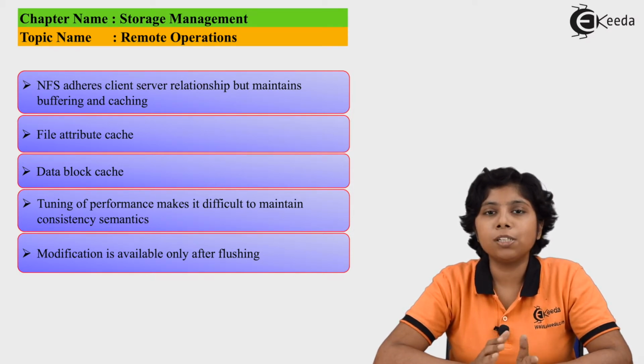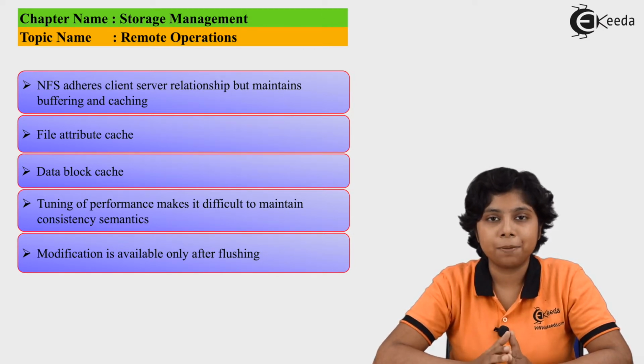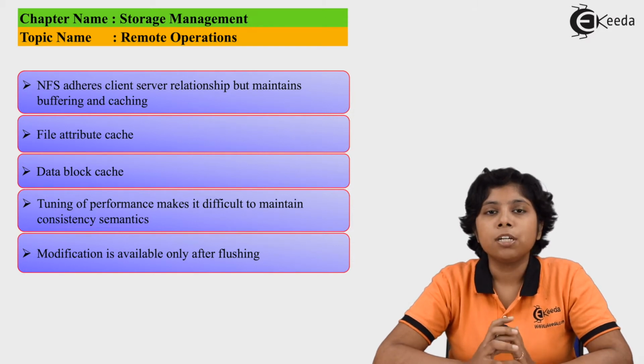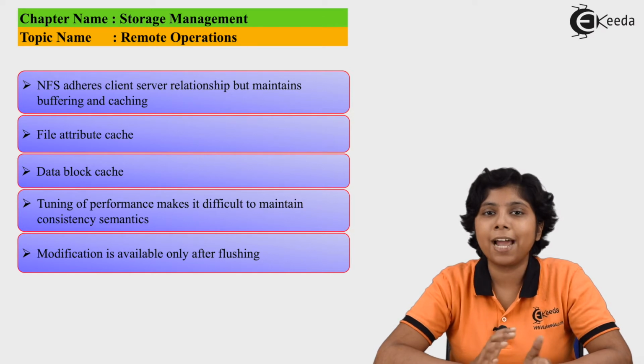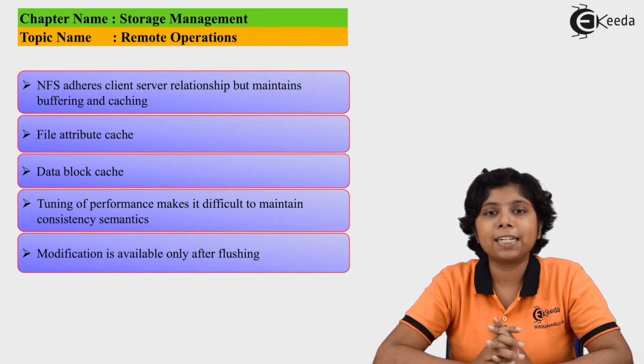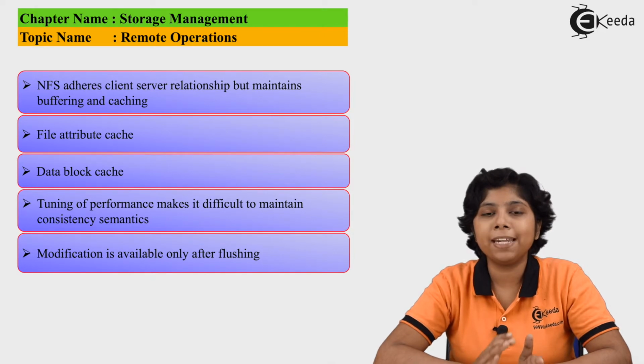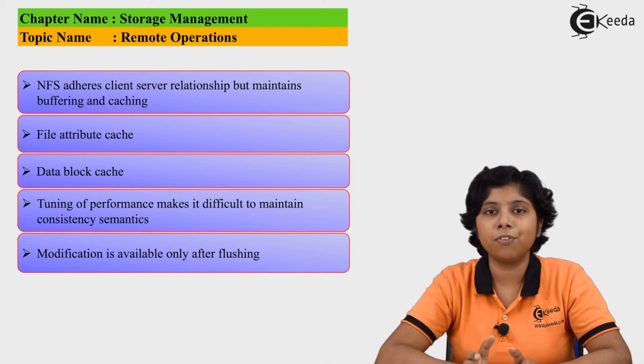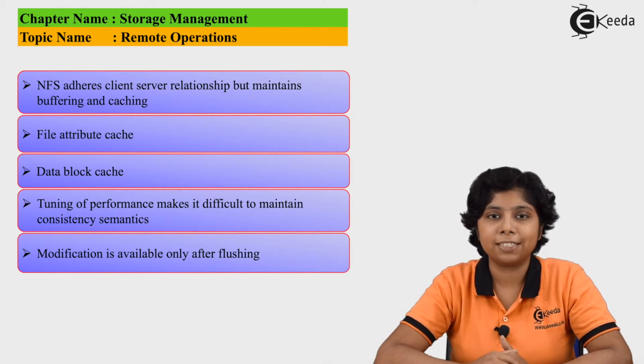By default, all these cached attributes and data blocks of files are flushed after 60 seconds. After that, read, write and read ahead are implemented by the client and server mechanism, so the client will not free up any delayed write blocks until it is confirmed by the server that they are written to the disk.